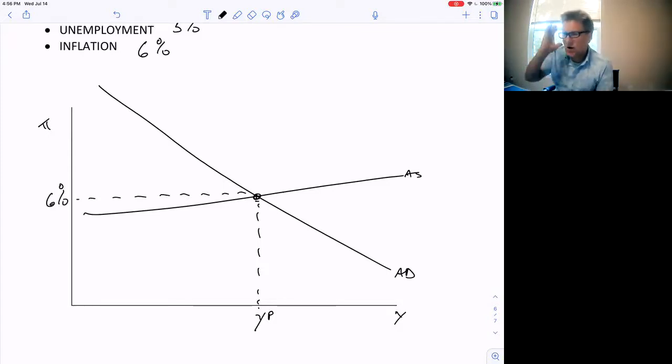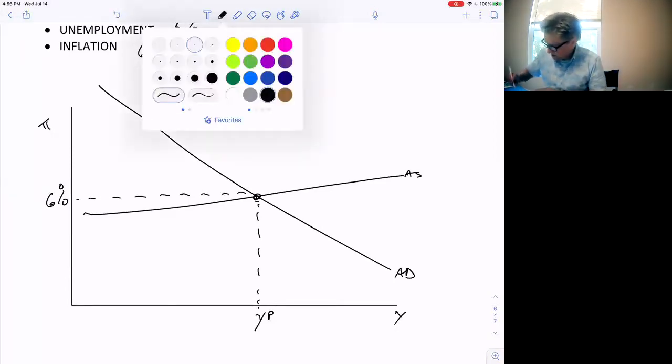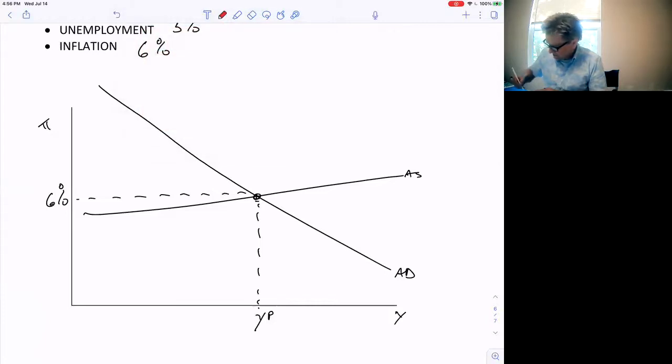And of course, we want to draw our long run aggregate supply curve, which would be vertical there at potential. So let's draw that long run aggregate supply curve at potential. Like this.